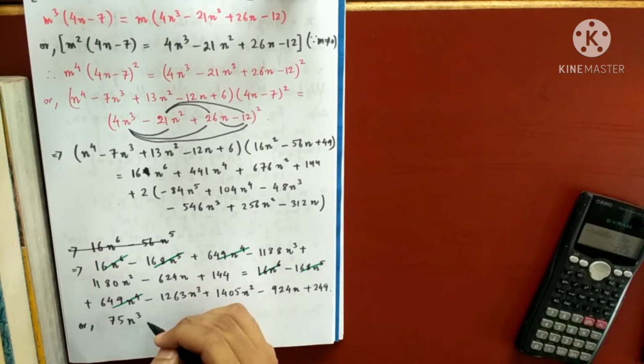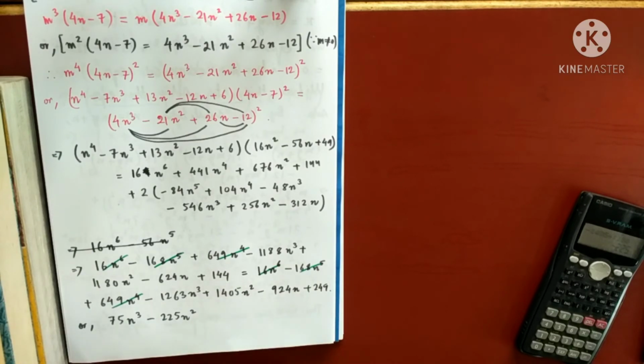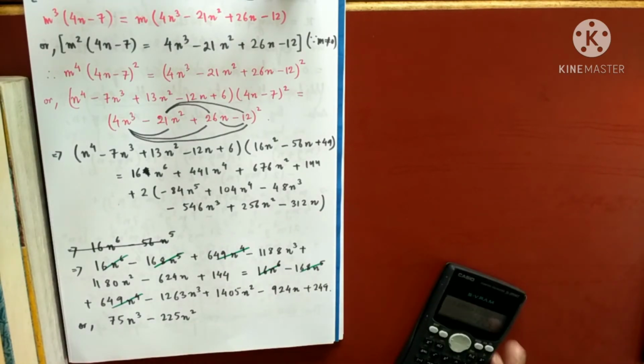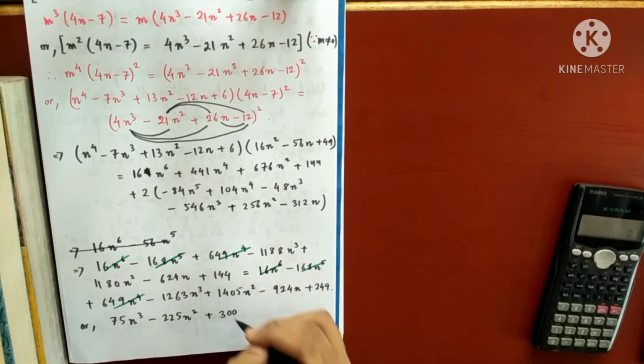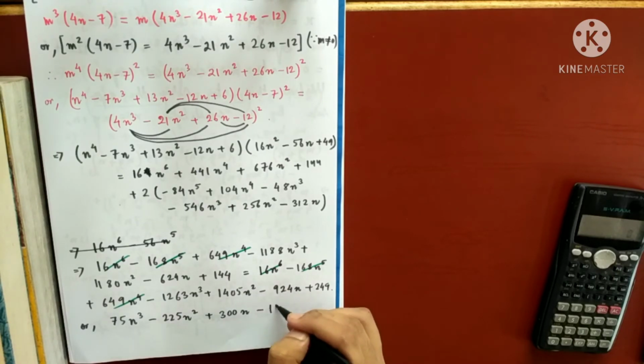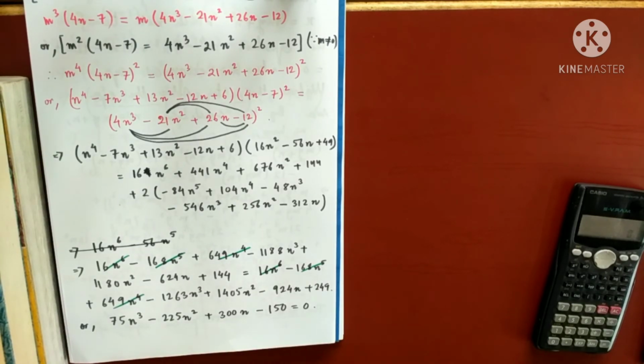Minus 225n square. For n, what are we getting? 924 minus 624, that is 300. So plus 300n. And then minus 150, right, equals to 0. So we have arrived to this line.